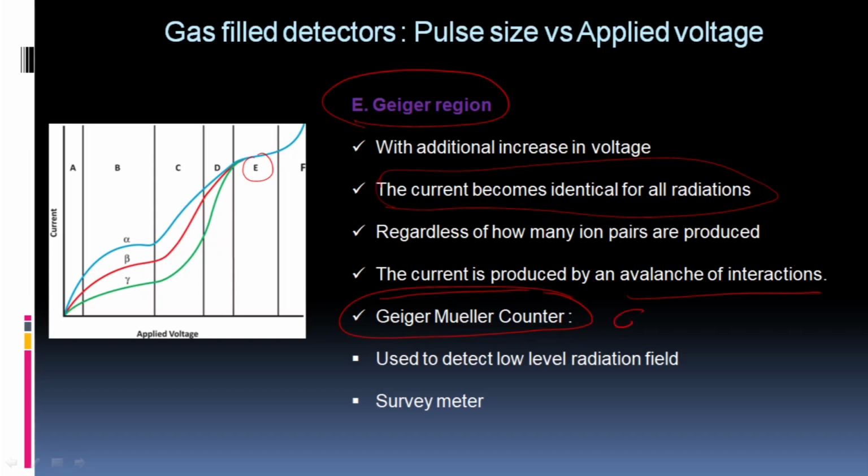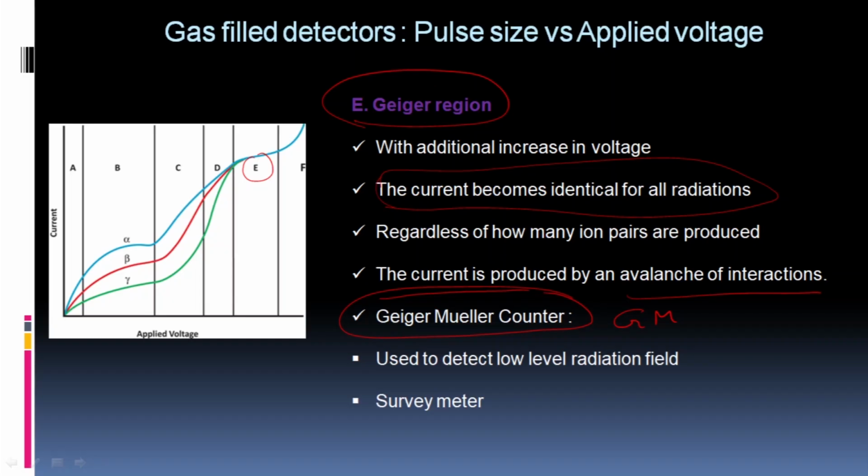commonly known as the GM counter, and this is used to detect very low levels of radiation fields. So what is the use of the Geiger-Müller counter? We use this Geiger-Müller counter to survey an area to detect any kind of radioactivity.